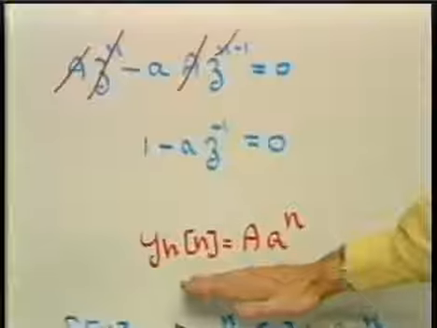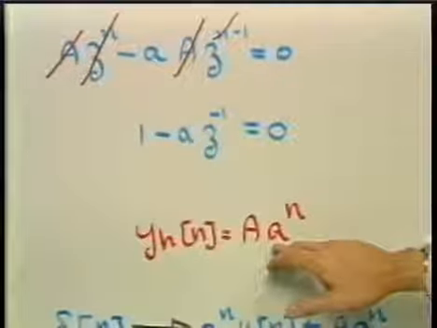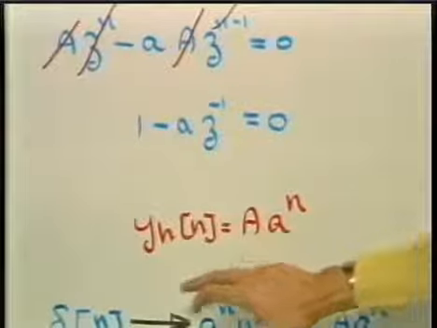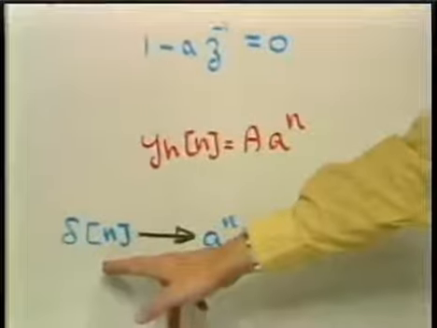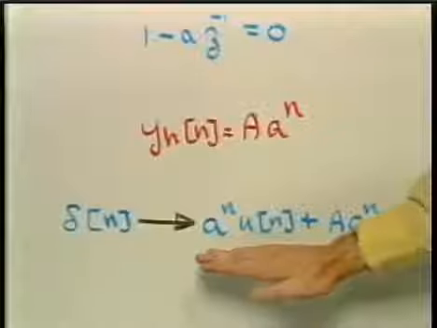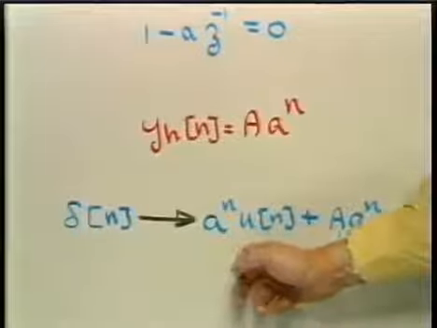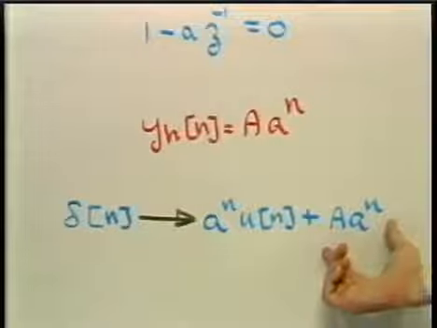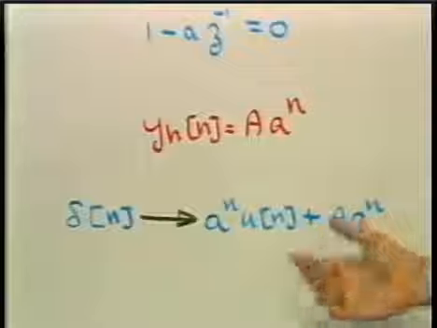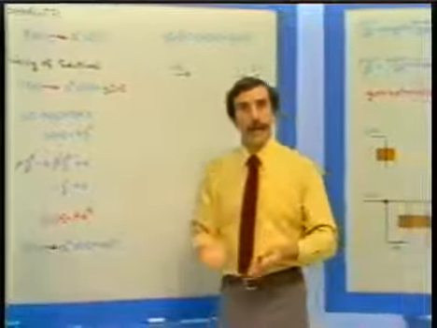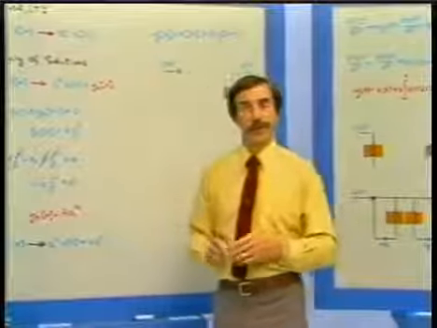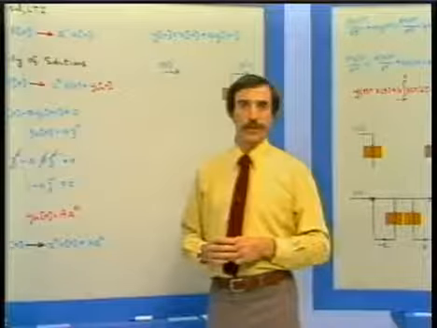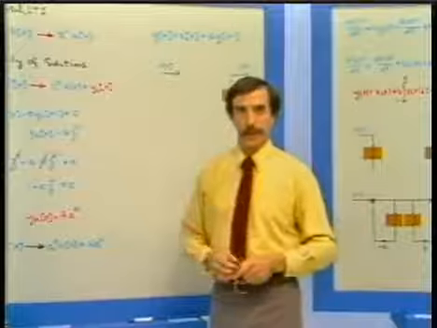So the homogeneous solution is any exponential of this form with any amplitude factor, and so the family of solutions with an impulse input is the solution corresponding to the system being causal, linear, and time invariant plus the homogeneous term. If we impose causality, linearity, and time invariance on the system, then of course that additional exponential factor will be 0. In other words, capital A is equal to 0.